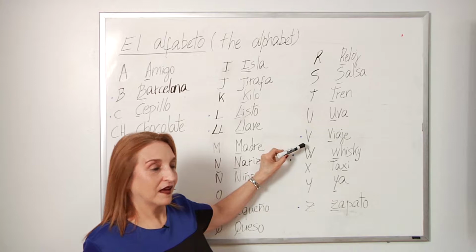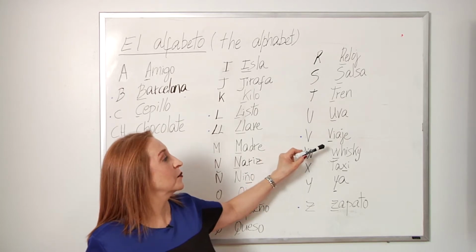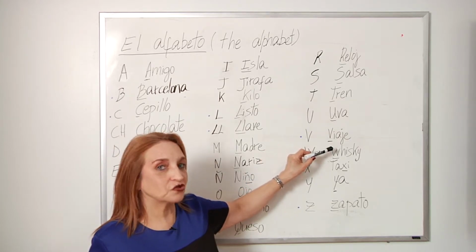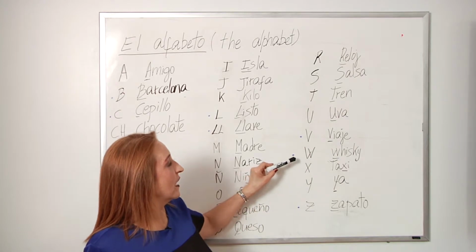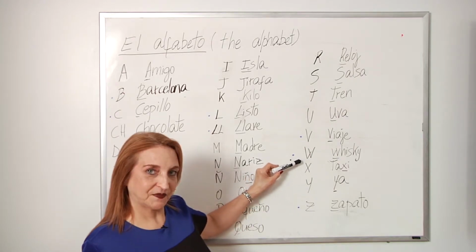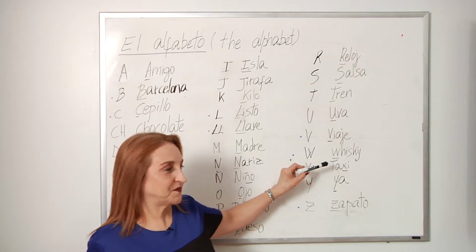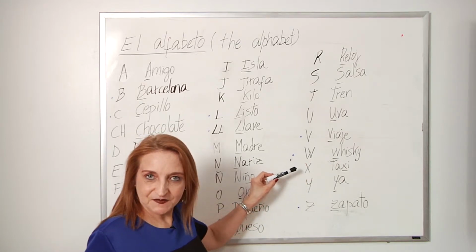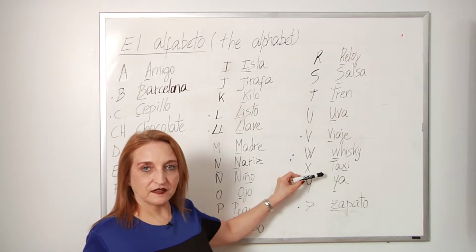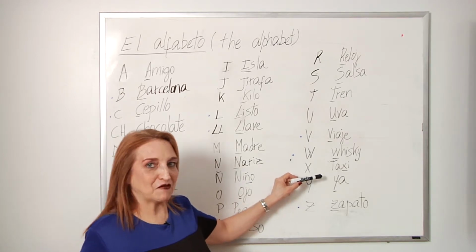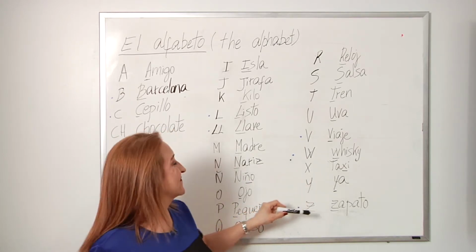V, viaje, trip. W, for example, whiskey. X, if you need a taxi, it's very helpful. Taxi.